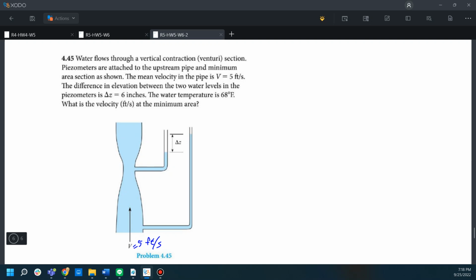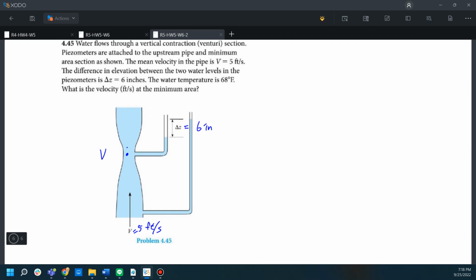The difference in elevation between the two water levels in the piezometer is equal to 6 inches. The water temperature is 68 Fahrenheit. What is the velocity at the minimum area?